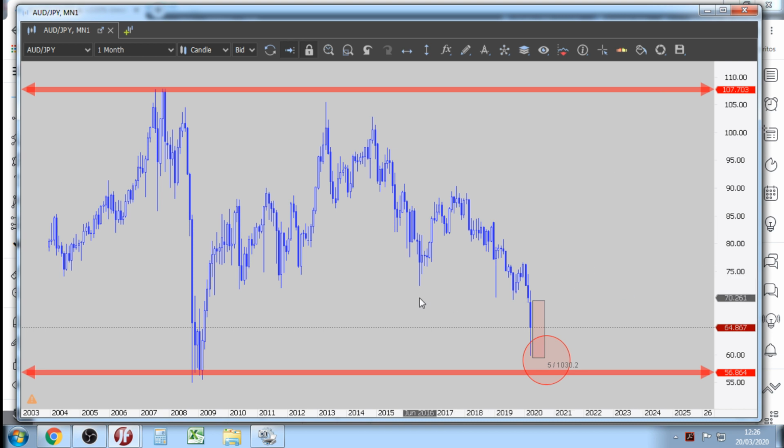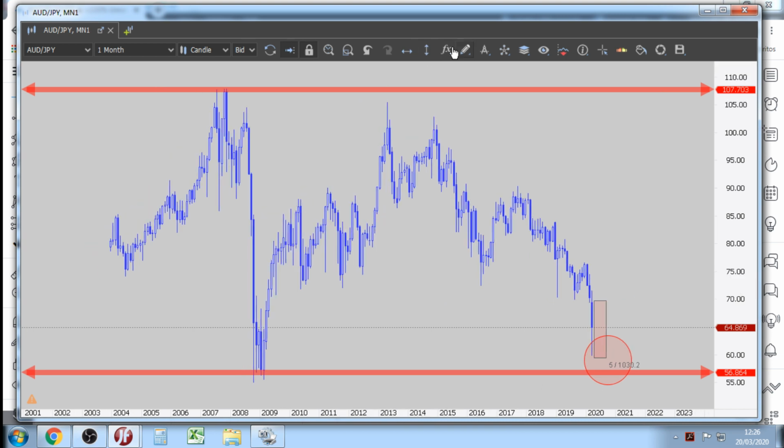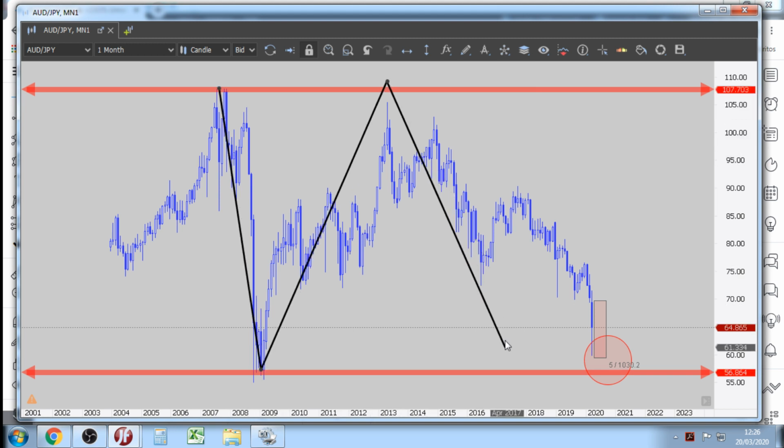The lesson of today is that you understand what is the long-term bias of each and every currency pair. And as Manu said, if you can position your trading in the same direction, you are going to have a higher probability to succeed.